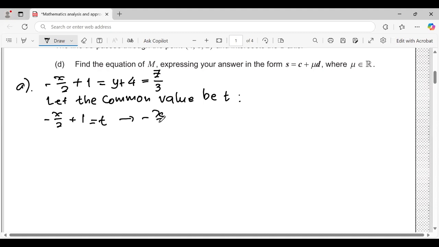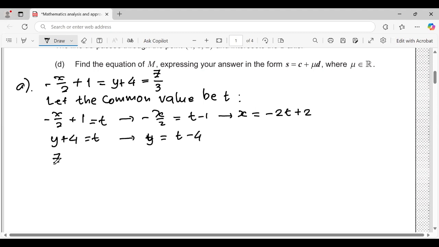So minus x over 2 equals t minus 1, or x equals minus 2t plus 2. y plus 4 equals t, so y equals t minus 4. z over 3 equals t, so z equals 3t.